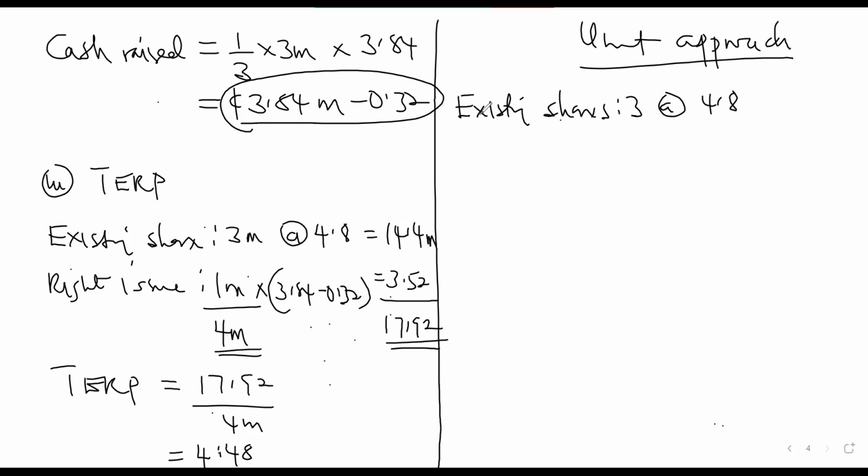Please come again with what you said right now. I'm saying that the theoretical ex-rights price is the market price of the shares after the rights issue. The cum-rights price is the market price of the shares before the rights issue.